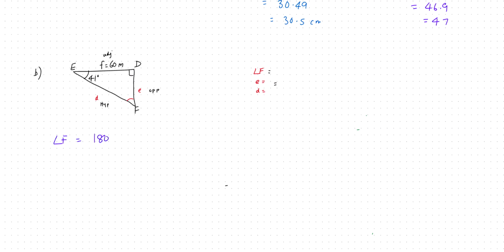So two angles are known, so the third angle we can find by subtracting 180 minus 41 plus 90. So we get 180 minus 131. So we get 49. So angle F is 49 degrees.